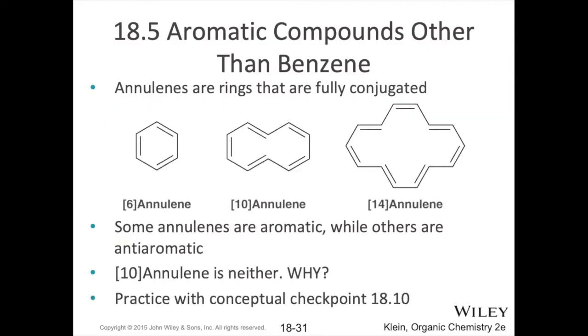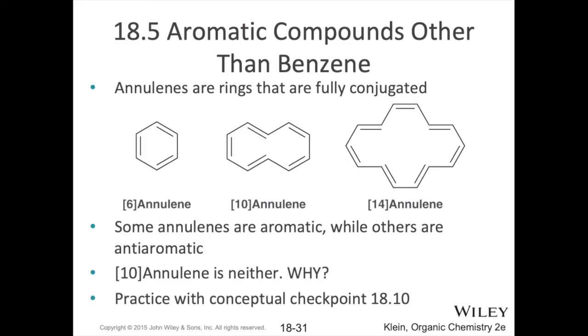All right, now let me introduce you to the concept of annulenes. So an annulene is any ring that includes a fully conjugated pi system. Benzene is really just a 6-annulene. So the number in front tells you the number of carbons that are involved in the ring. Now, annulenes can be, you have some aromatic ones, some anti-aromatic ones.